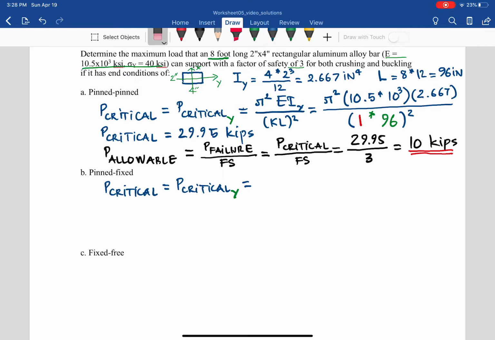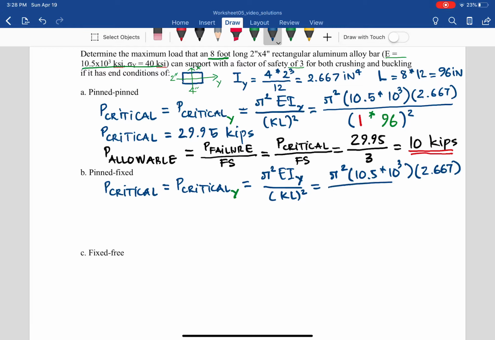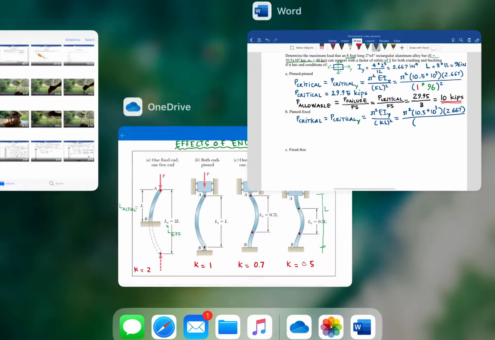So we have pi square EIy over KL square, the same. So plug in pi square, same material, 10.5 times 10 power 3, same Iy 2.667 over K. What is K for pin and fix?